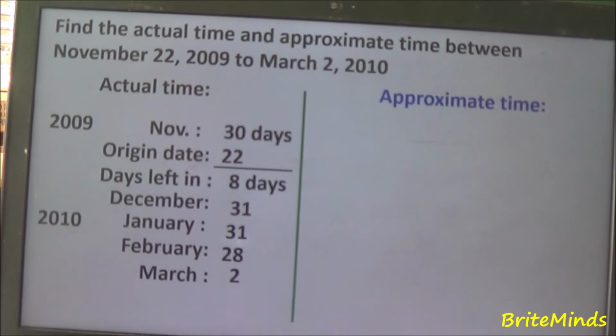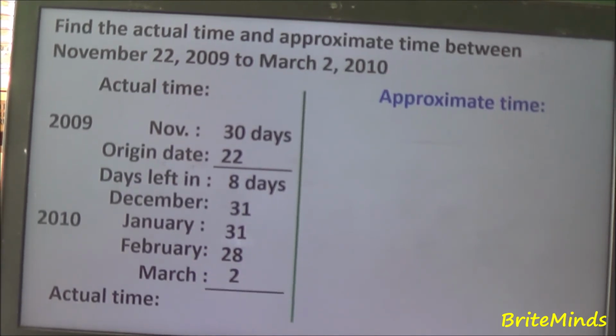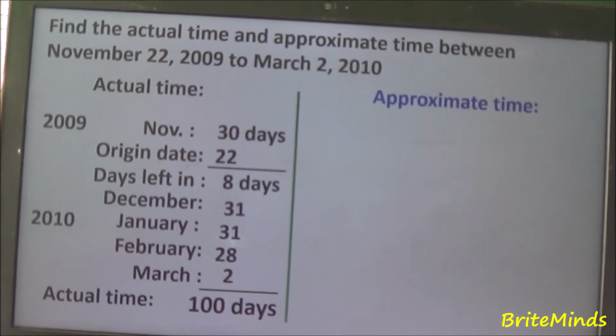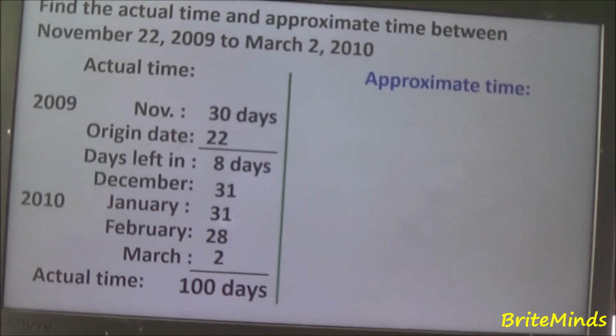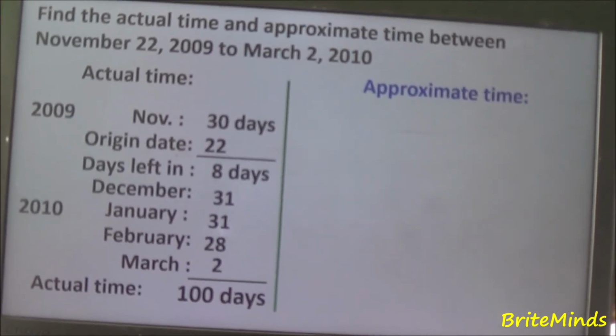And then we get the actual time. Sum all the days. So 8 days plus 31 plus 31 plus 28 and 2, so we have 100 days. So the actual time is 100 days between November 22, 2009 to March 2, 2010.